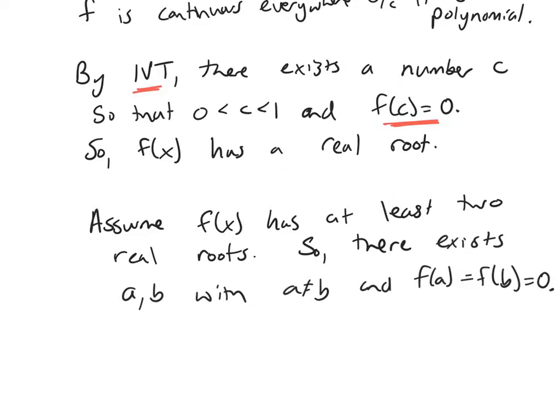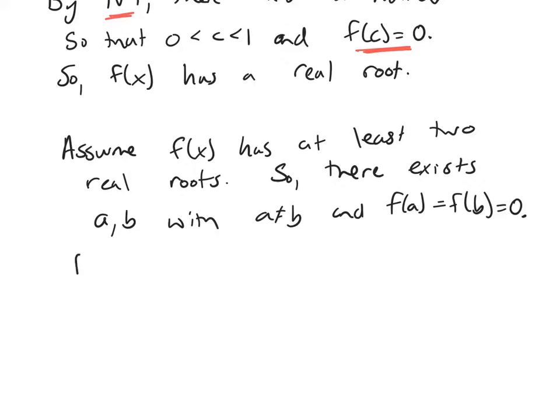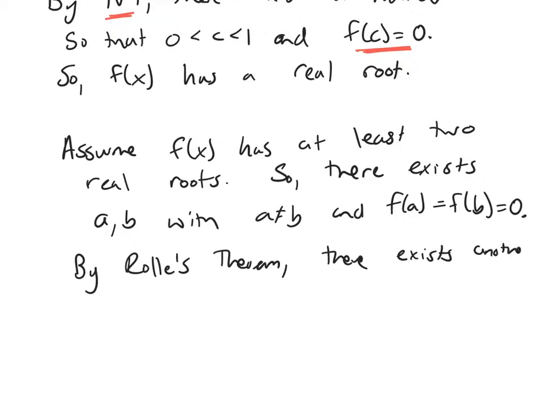So now I can use Rolle's theorem. By Rolle's theorem, there exists another number d such that f prime of d is 0. Now technically in Rolle's theorem they use the letter c here, but I've already used the letter c, so I went with d.